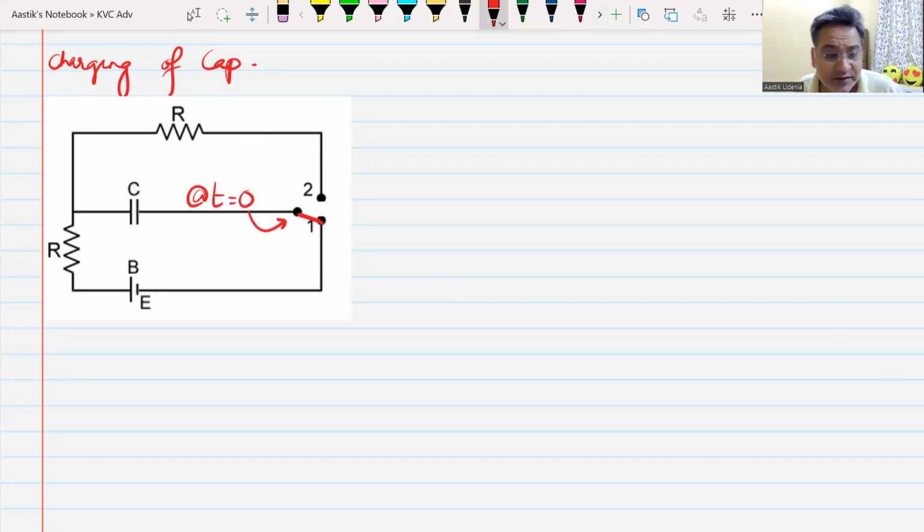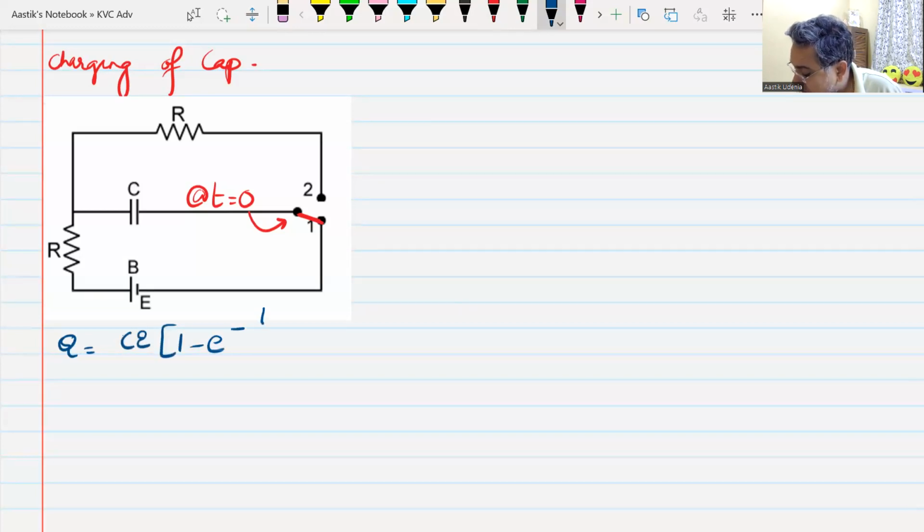When this connection is made, the charge on the capacitor keeps on changing. If I say that the charge on the capacitor at any given time is Q, this can be written as Q equals C into E into 1 minus e raised to the power minus t by RC. That is how the charge on the capacitor keeps on changing.